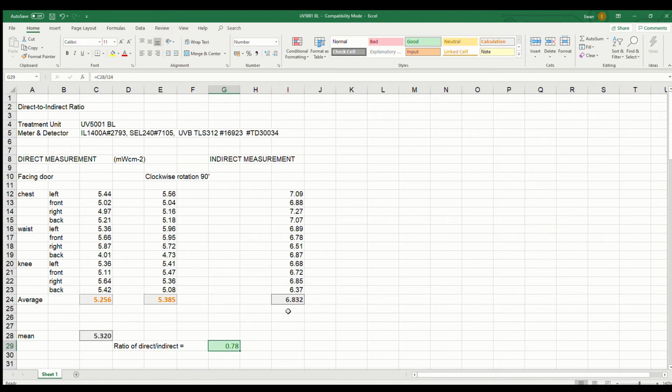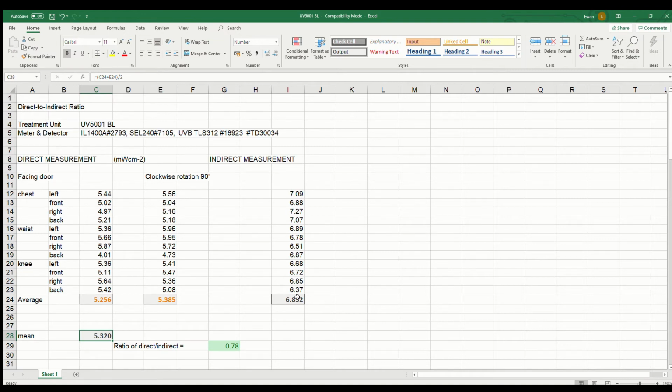Why is the indirect measurement higher than the direct measurement? Well, that's because the direct measurement has an individual or a phantom inside the cabinet, and they're blocking some of the UV radiation from reaching the detector.